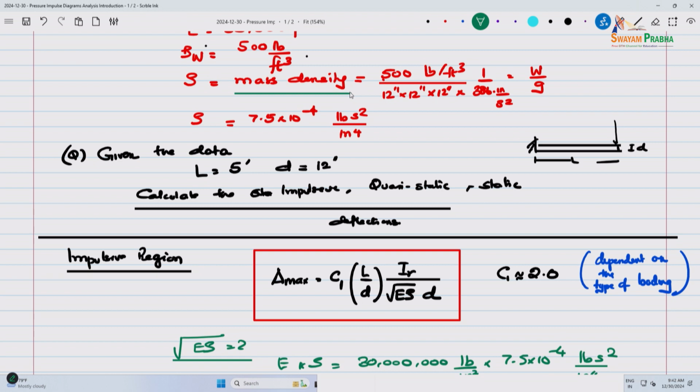So the weight has, that's why I mentioned, in your case you would just take kg and divide it by meter cube. But when you're using the FPS system, when we say I'm 150 pounds, that's my weight. You don't say if you're weighing 60 kgs, you don't say 600 newtons, right?